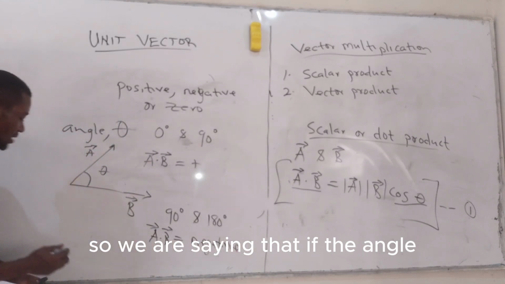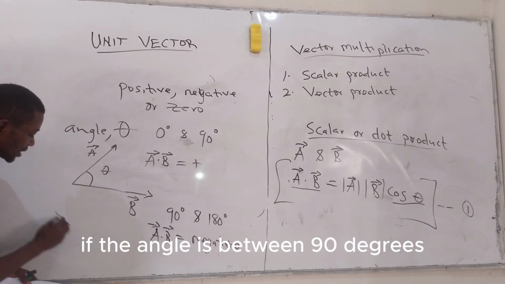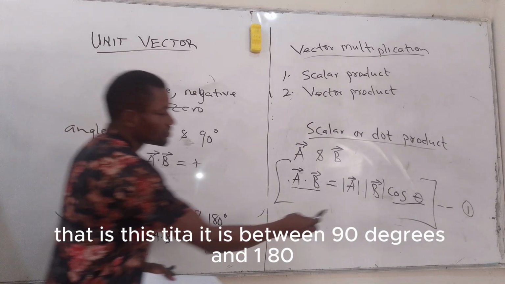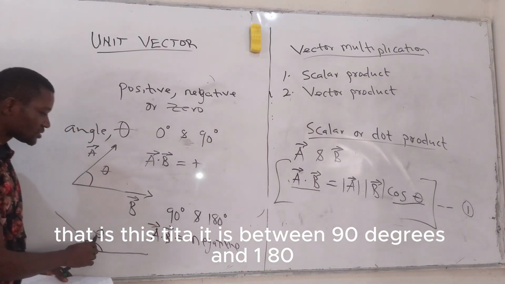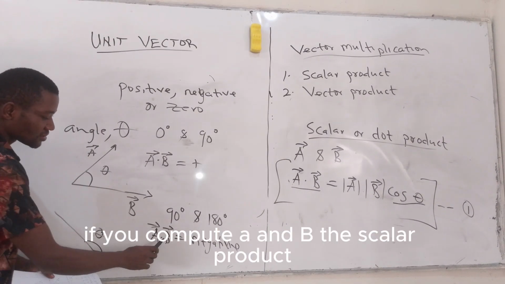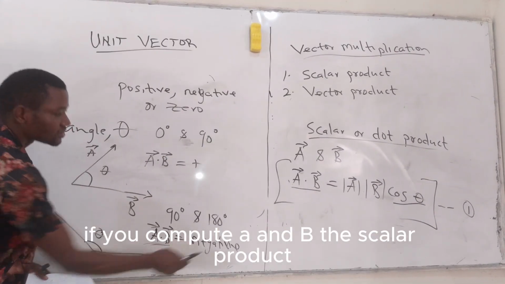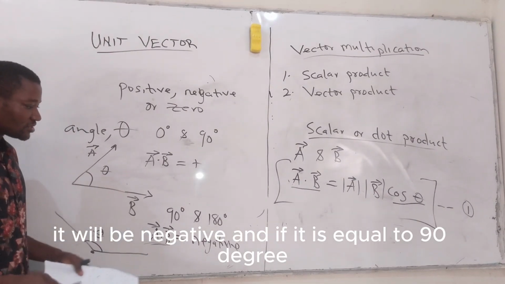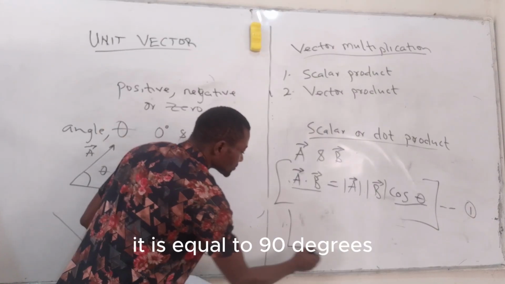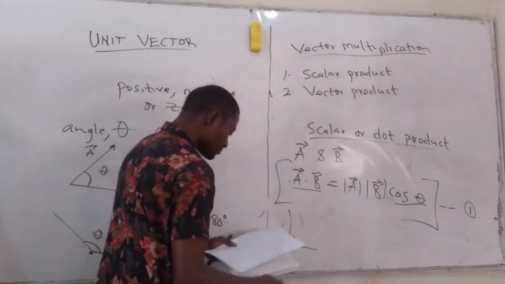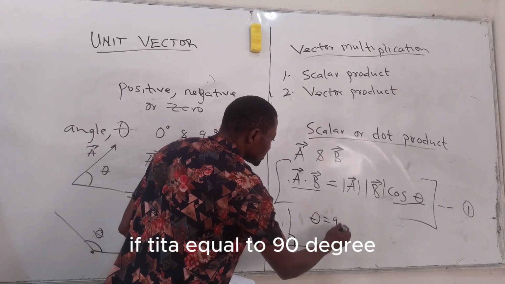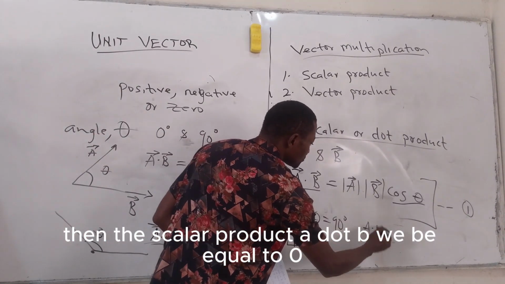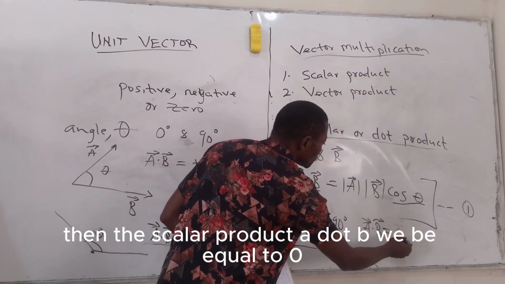So we are saying that if this theta is between 90 degrees and 180, if you compute A and B, the scalar product, it will be negative. And if theta is equal to 90 degrees, then the scalar product A dot B will be equal to 0.